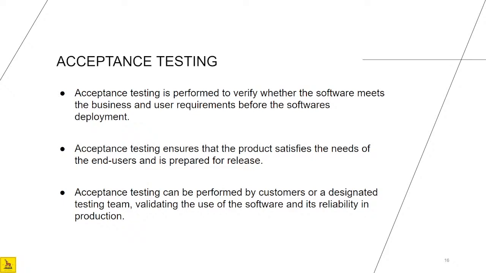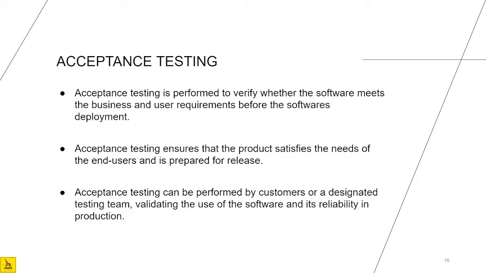Lastly, we'll have acceptance testing. Acceptance testing is performed to verify whether the software meets the business and user requirements before the software is sent out for deployment. Acceptance testing will validate that our system meets our user requirements. Acceptance testing ensures that the product satisfies the needs of the end user and is prepared for release.